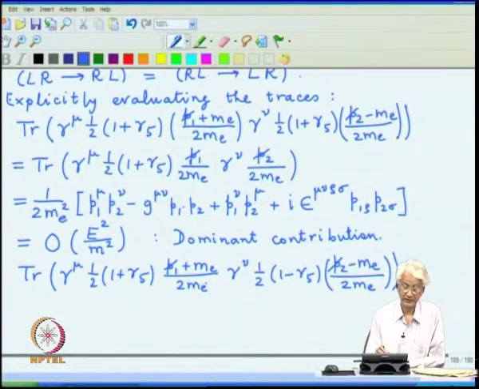The mass term does contribute, but the p slash part produces combinations of 1 plus gamma 5 and 1 minus gamma 5, which annihilate each other.